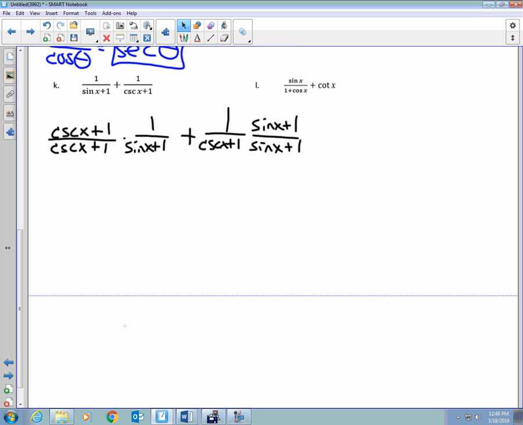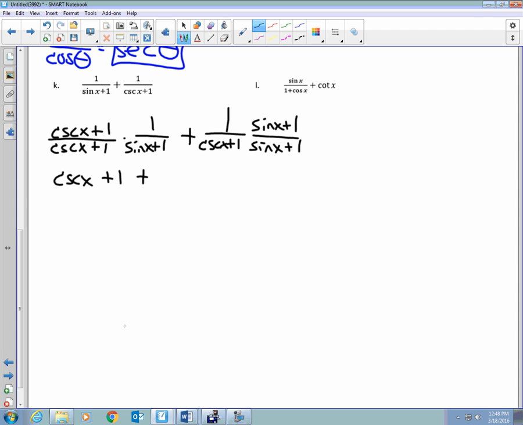So let's multiply. What's cosecant of x times 1? What's 1 times 1? Sine of x times 1? X. And 1 times 1? That's my top.